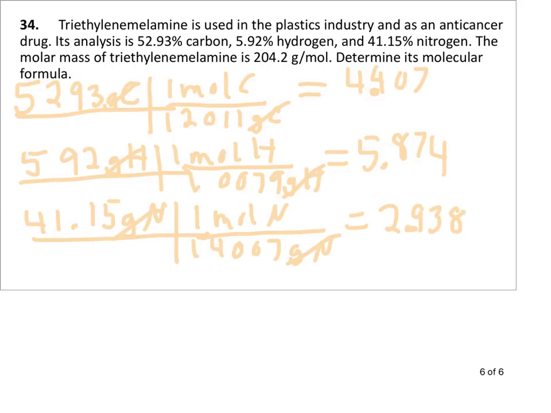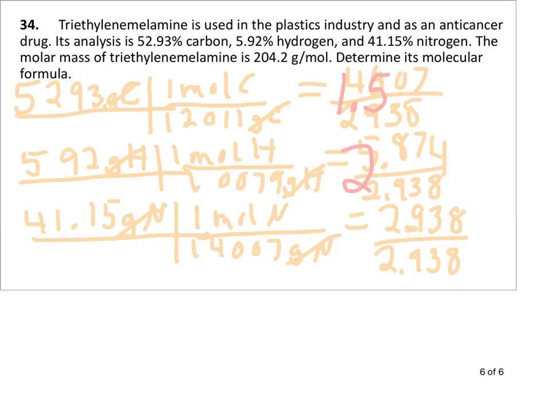2.938. You can divide them all by the smallest one, which is the 2.938. And after we get all of our division done, we get a 1.5, a 2, and a 1.